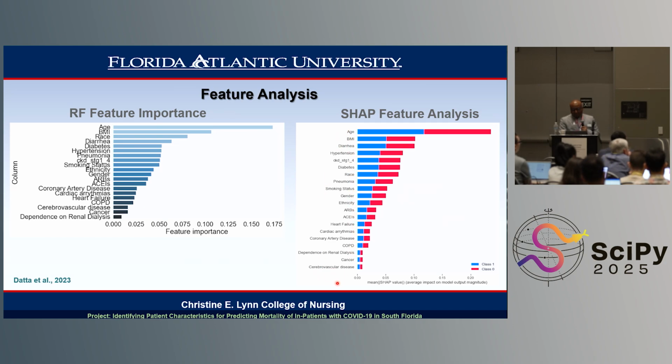If I go into a little more detail, these are in ranking order. Age is the most important feature, and cardiovascular disease is the least important feature. You see similar rankings: age, BMI second, race third, then diabetes; diarrhea came fourth in one and third in the other. So there is a little bit of change in place.